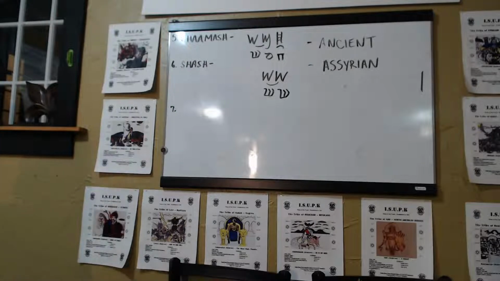Hit your Blue Letter Bible and type in the word 7, and you search your little magnifying glass.